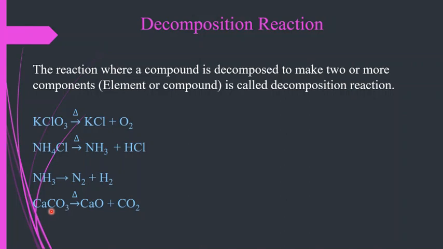When calcium carbonate, it is also called limestone, is heated, then calcium oxide and carbon dioxide are produced. All these are the examples of decomposition reaction, because here only one compound in the reactant side, and after decomposing it, 2 components are produced. So these are called decomposition reaction.